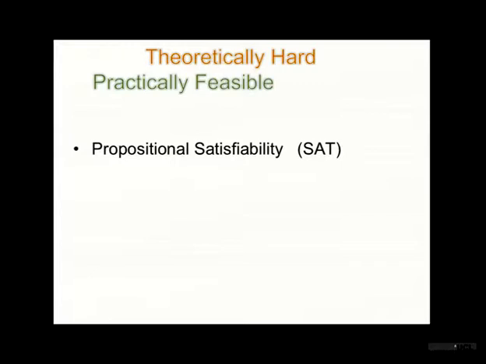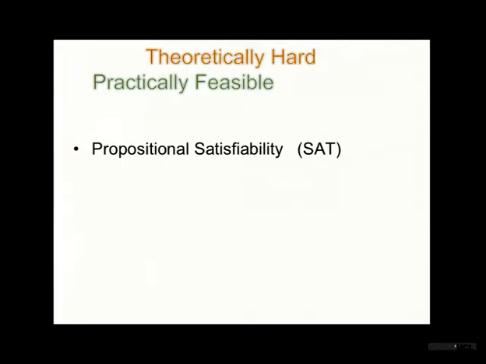So what do I want to talk about? There are many problems that are theoretically hard, but practically feasible. And I think the most striking phenomenon is the satisfiability problem. When I was a student, when you wanted to show that some problem is hard, you showed that you can reduce SAT to this problem. Therefore, it's a proof that your problem is hard. 20 years later, when someone wants to solve a problem, they translate it into SAT and feed it to a SAT solver.